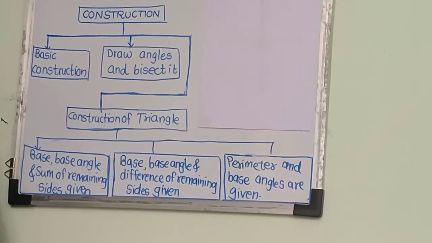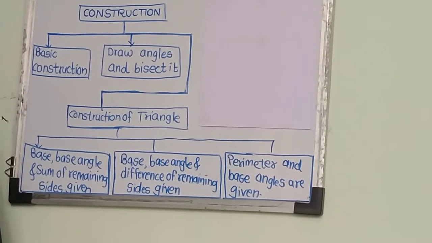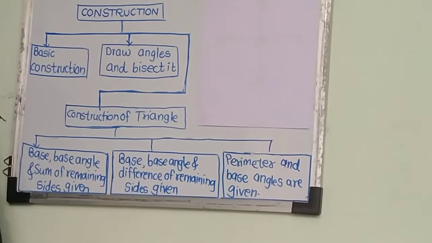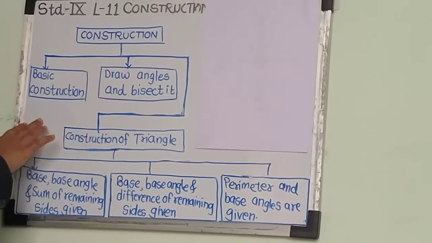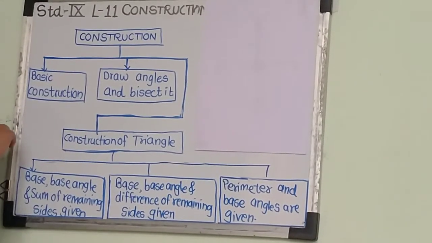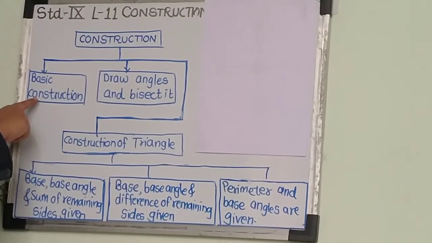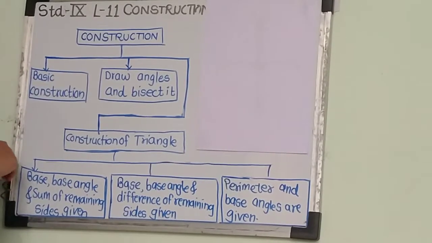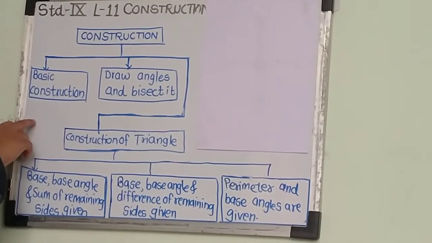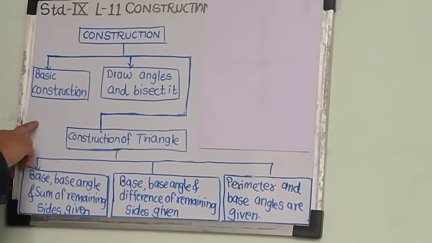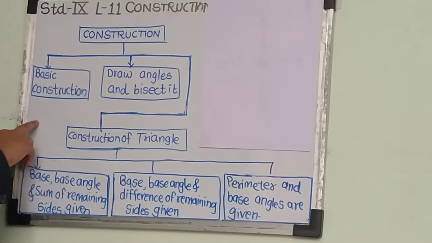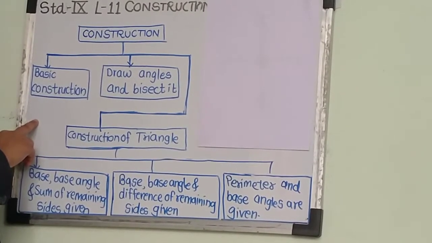Today we are going to start our lesson number 11, construction. First, here I have drawn the flow diagram or flow chart of your lesson. In this lesson, first we are going to see the basic constructions, which we already learned in standard 8, 7 or 6.